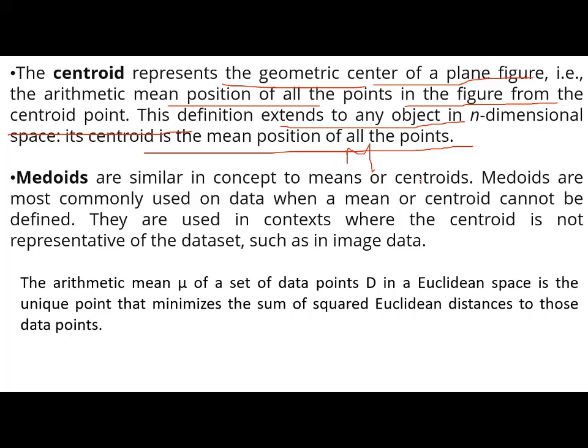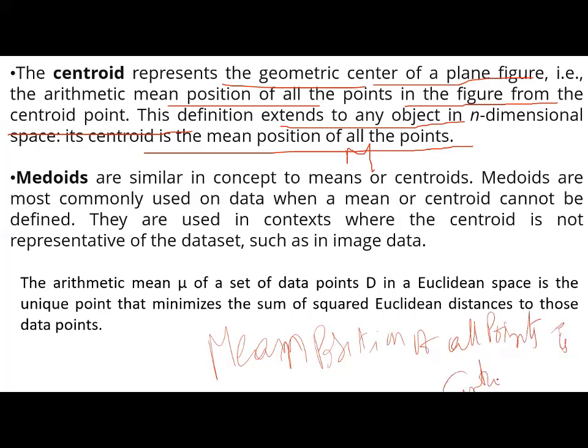See, a centroid of a triangle is there, a centroid of a rectangle is there. The mean position of all points is called centroid. Right. What do you mean by medoids?